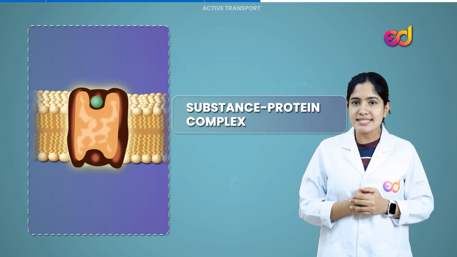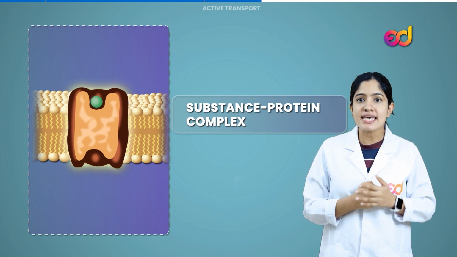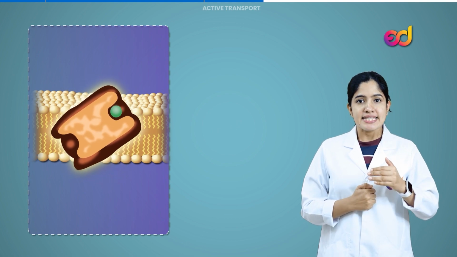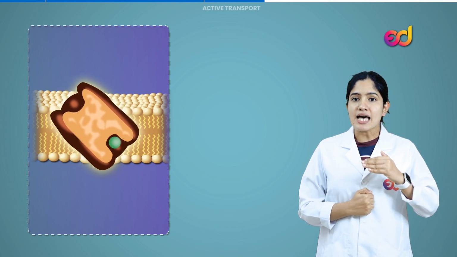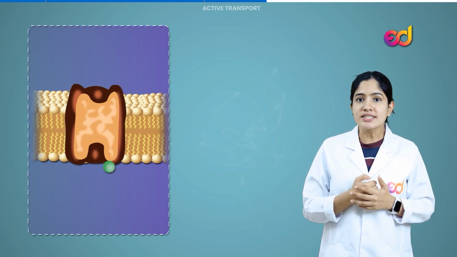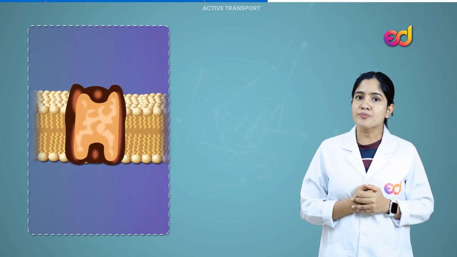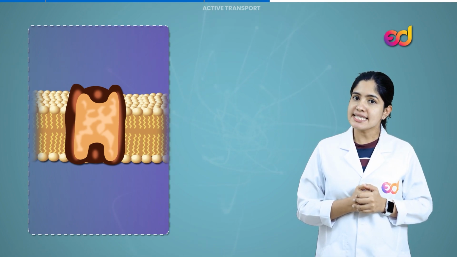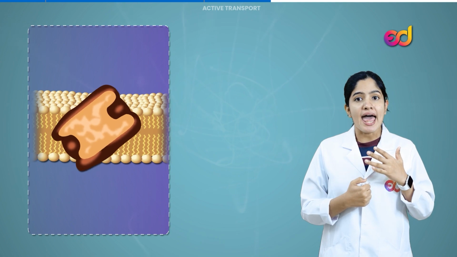This complex then moves towards the inner surface of the cell membrane. Subsequently, the substance is released from the carrier protein. After this, the same carrier protein moves back to the outer surface of the cell membrane to transport another molecule of the substance.